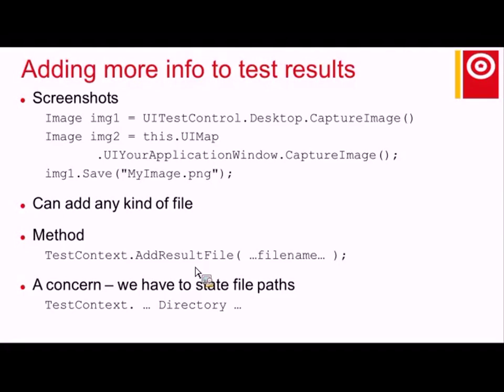Create the file during the test, perhaps per test case or perhaps over a series of tests. Remember, I talked about the various test attribute classes for test initialize and test cleanup, for class initialize and class cleanup, and the assembly versions. So we could write data into files which we open and close at that level.